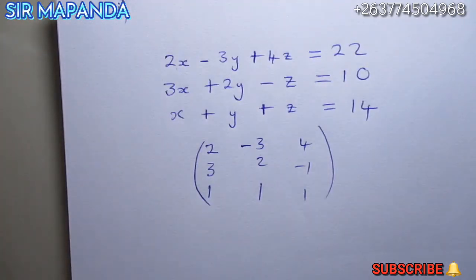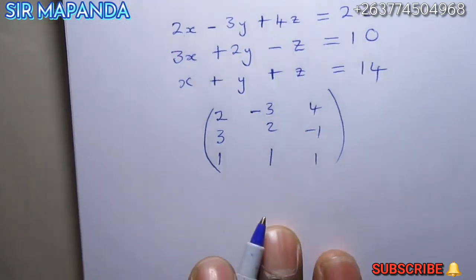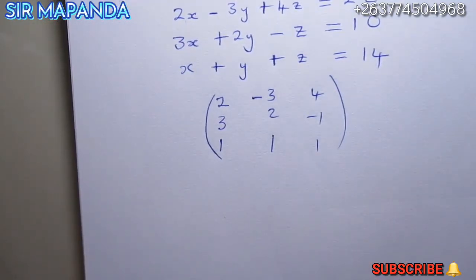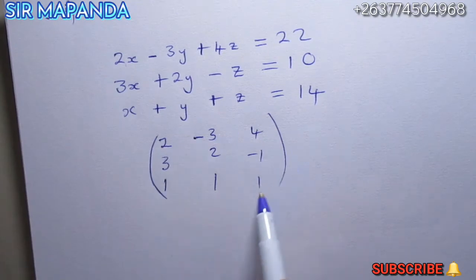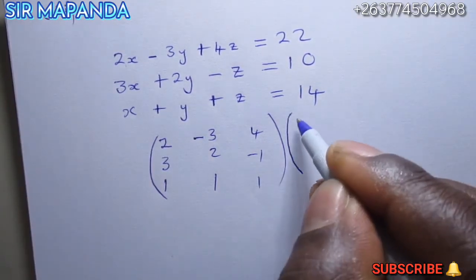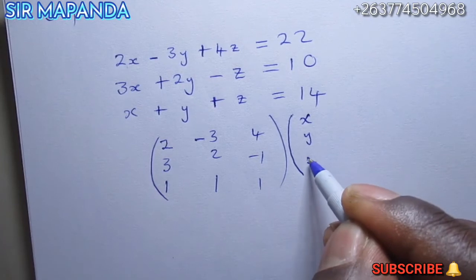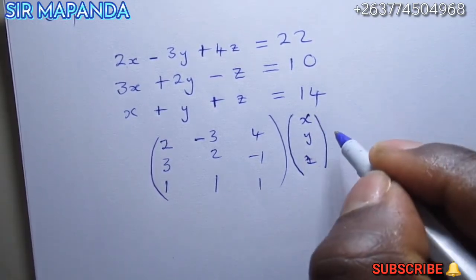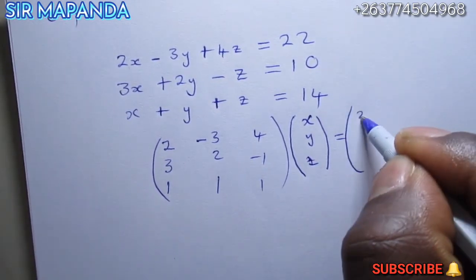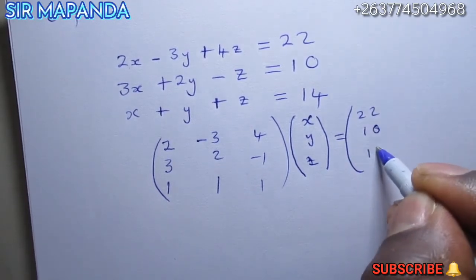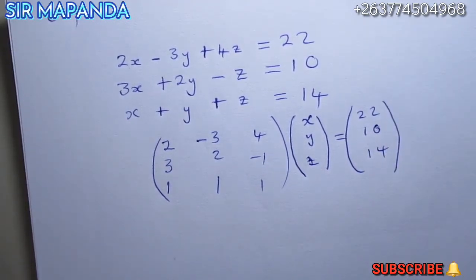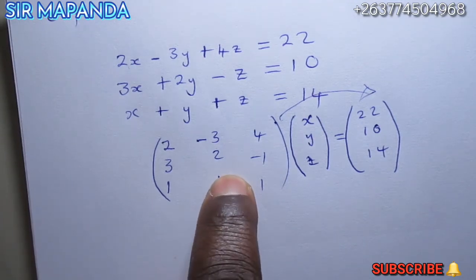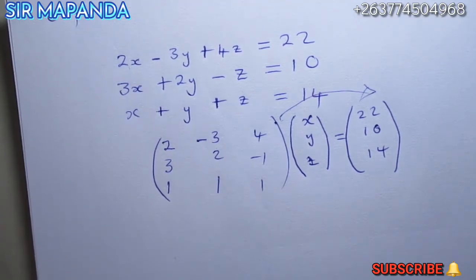So to find the values of x, y, and z, it is very simple. What you need to do is, this bracket, if you multiply it with the values of x, y, and z, you are going to produce 22, 10, and 14. Right. So if you cross over from the left side to the right side, this matrix A becomes the inverse of A, which we found in the previous part.